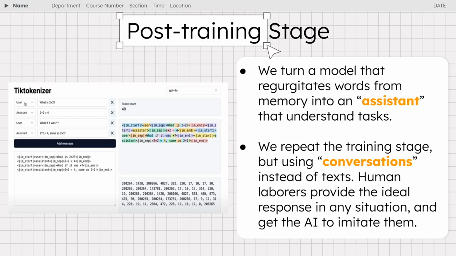You can also define the parameters so that the laborers, the professional writers, can provide ideal responses based on the characteristics that the company is looking for. And that's one way to program the AI to get specific responses, or to answer in specific ways.